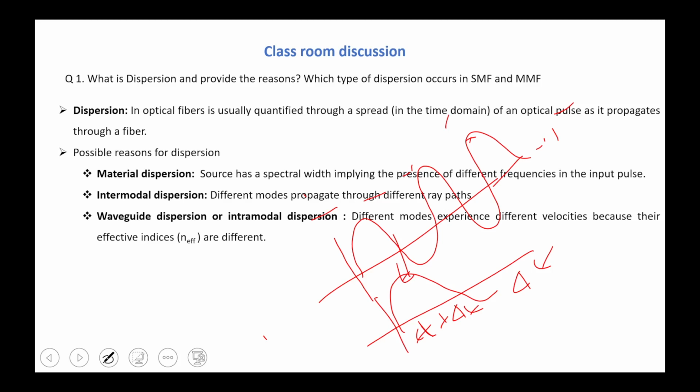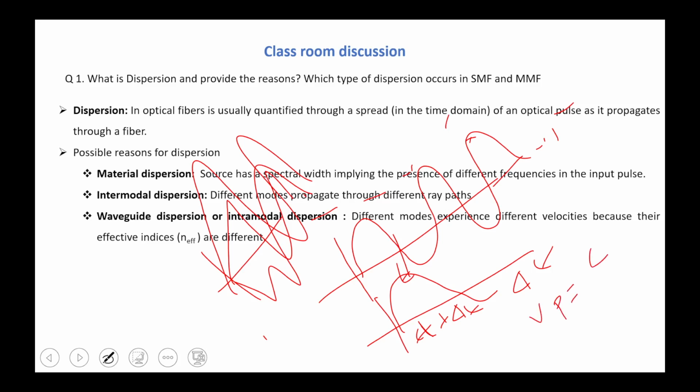In intermodal dispersion, different modes propagate through different ray paths. Some modes travel this path, some travel that path, so they may interfere. Waveguide or intermodal dispersion is the same, due to different velocity, as Namita said correctly. In the week 5 class you saw the n effective formula, so the refractive index changes and the velocity changes, because phase velocity is normally c by n.